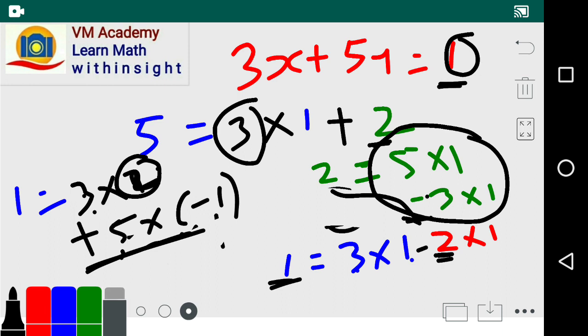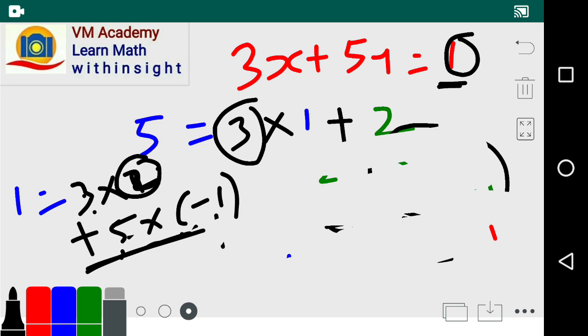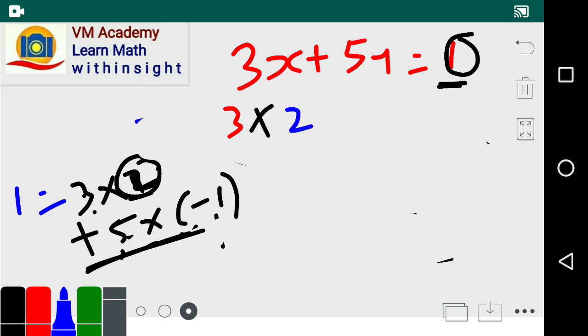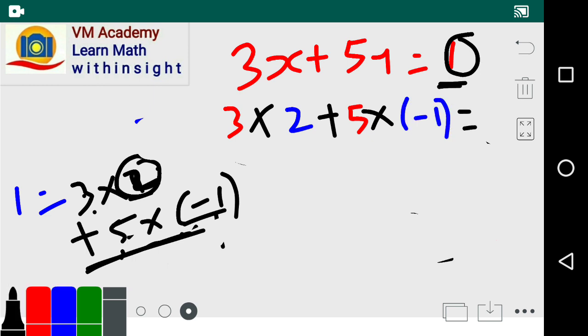In this manner friends, we got 3 times this 2 plus this 5 times this minus 1 equal to this 1.